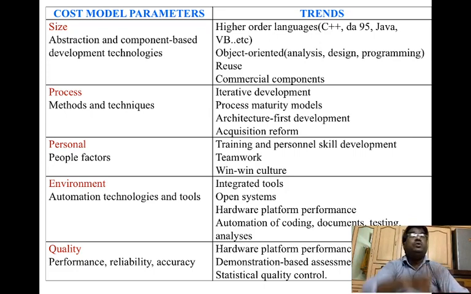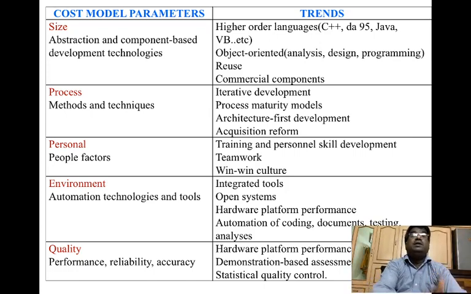Sometimes they will ask all 5, or sometimes 1 or 2, like size: explain how to reduce software size, how to improve process. Sometimes they will ask personnel and environment, like that. So if you remember the 5 software economics, you will surely answer one question in the university end examination. And for the trends, we have to remember the shortcut.